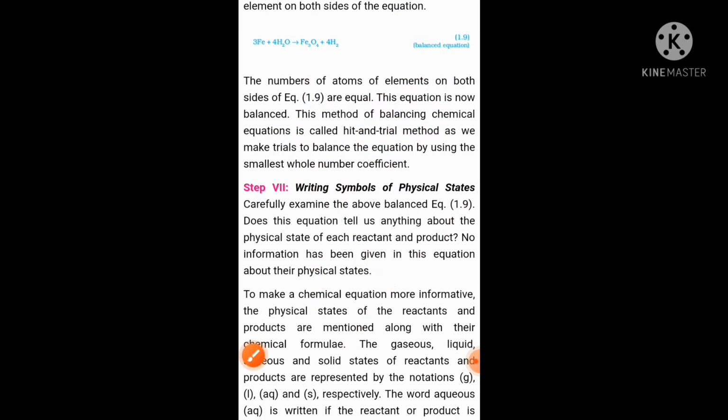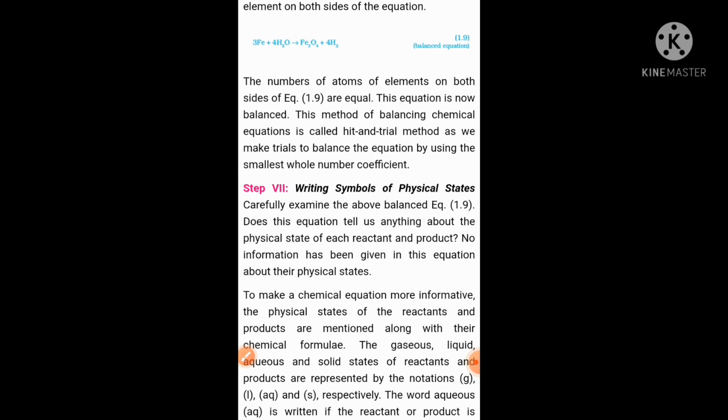And second is the concentration of acid. If acid is represented as one of the reactants, it may be dilute or concentrated. Okay, what is dilute and concentrated? Dilute means water is present there, and in concentrated there is 99% more amount of acid and less water, but in dilute more water, less acid.